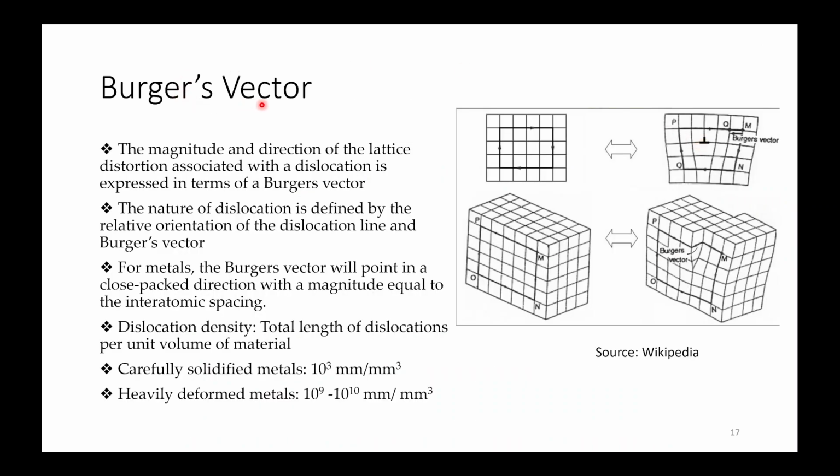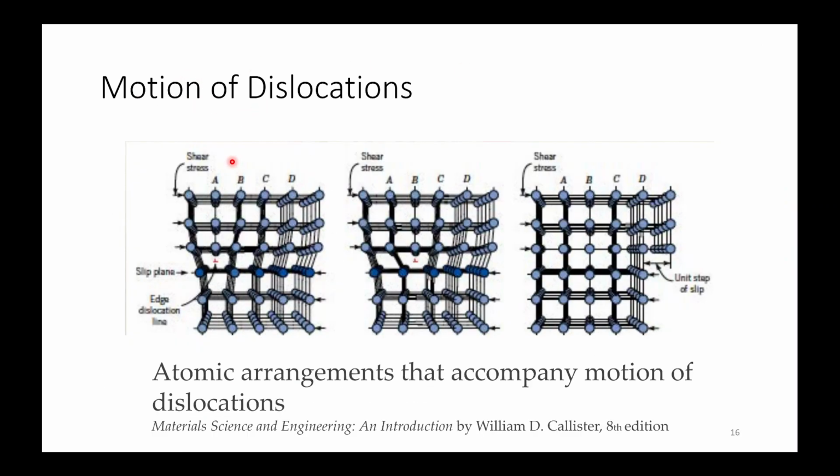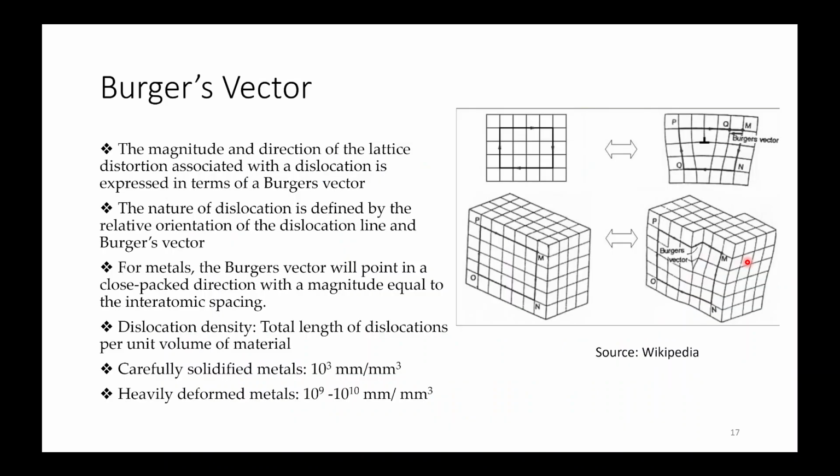Now in the case of the Burgers vector, this is how your dislocation will move one step, forming plastic deformation. Now for the Burgers vector, in a perfect crystal, if you draw a loop like this, moving 3 steps in this direction, 3 steps down, 4 steps this direction, and 4 steps this way.